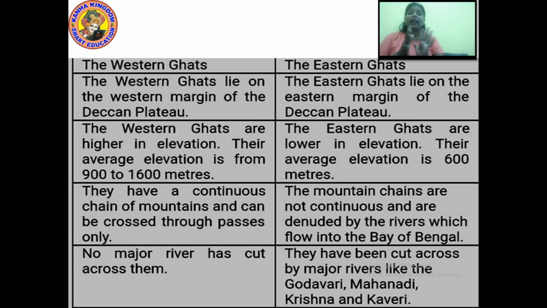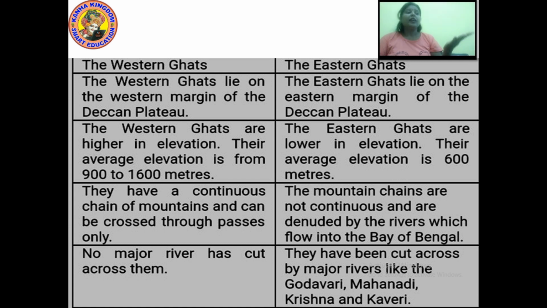So what exactly did you get with the difference between Western Ghats and the Eastern Ghats? Number one, Western Ghats lie in the western margin. Eastern Ghat lies in the eastern margin. Western Ghats are higher in elevation, and Eastern Ghats are lower in elevation.